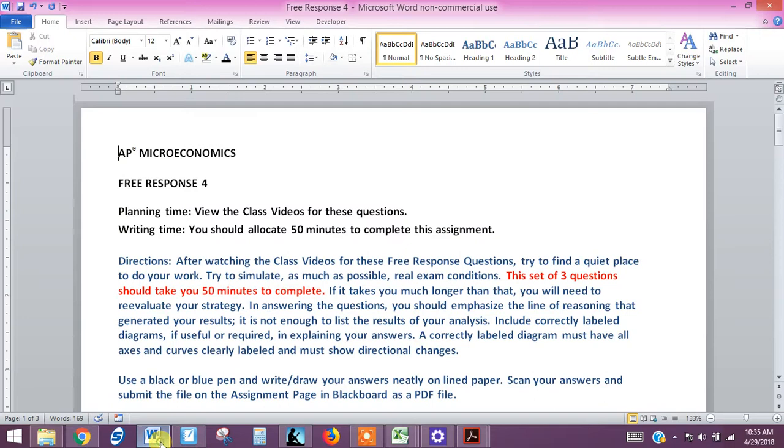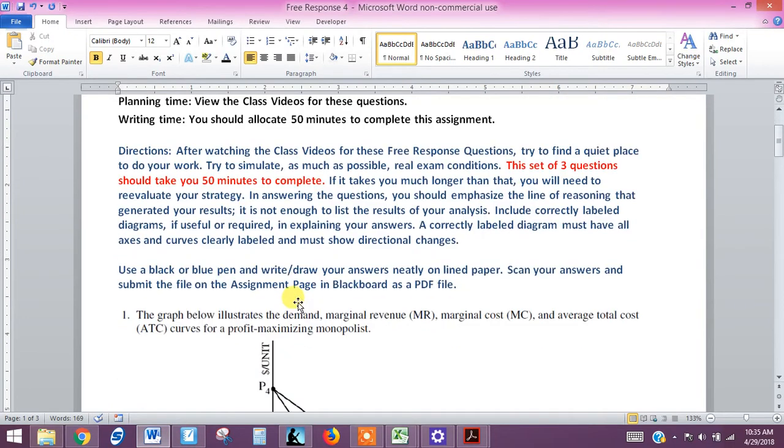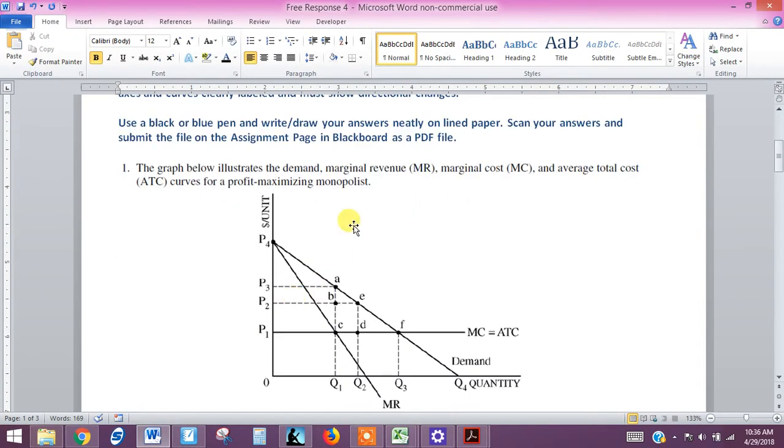So I just wanted to say a few things before I start. Every one of these free responses that I've looked at back to 2010 and even before start off with some type of market graph.